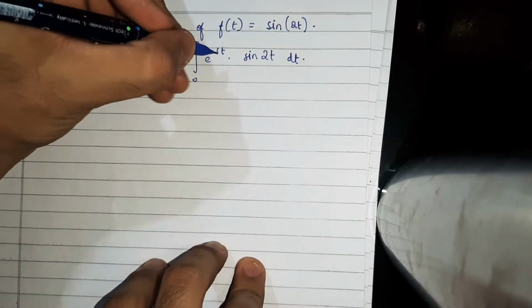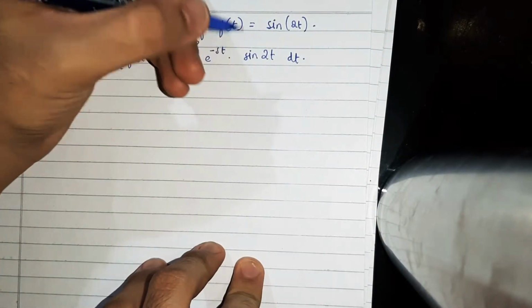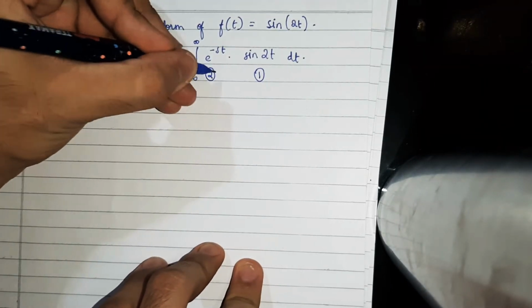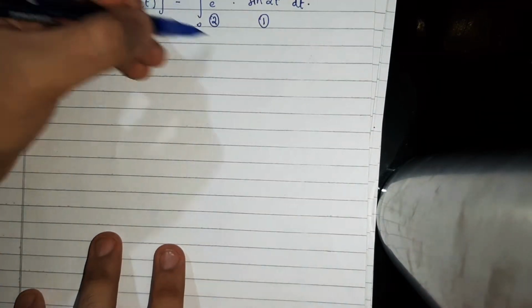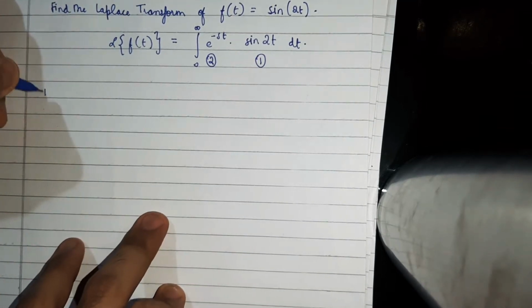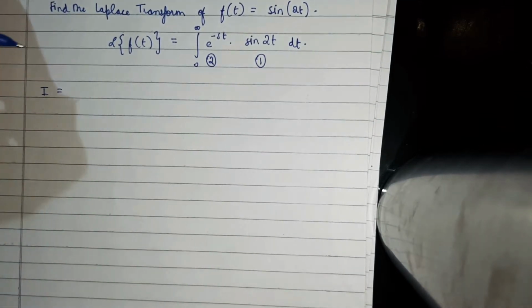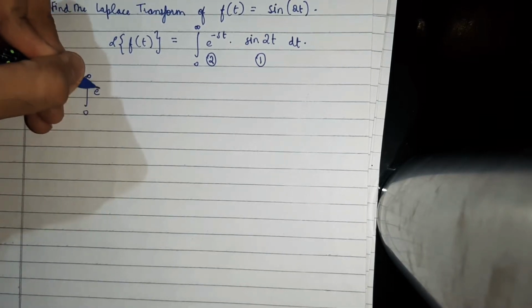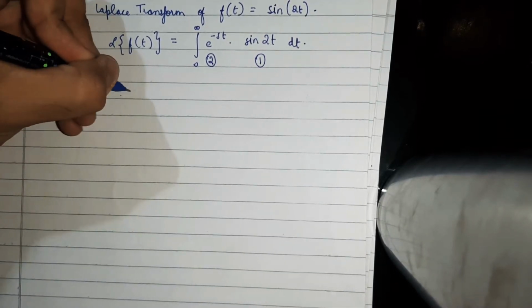This integral can be solved using integration by parts, wherein this will be the first function and this will be the second. Let me take this entire thing as I. So we'll write I equals integration from 0 to infinity e to the power minus st times sine 2t.